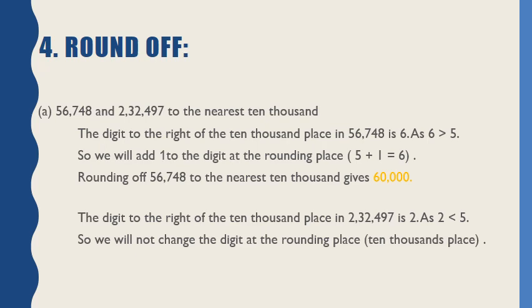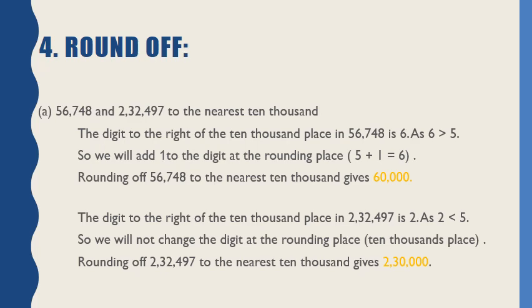And what is the digit at the 10,000 place? It is 5, right? So, we will not change 5. It will remain 5. And all the digits to the right of the 10,000 place will be replaced by 0. And so, rounding off 2,32,497 to the nearest 10,000 gives 2,30,000.